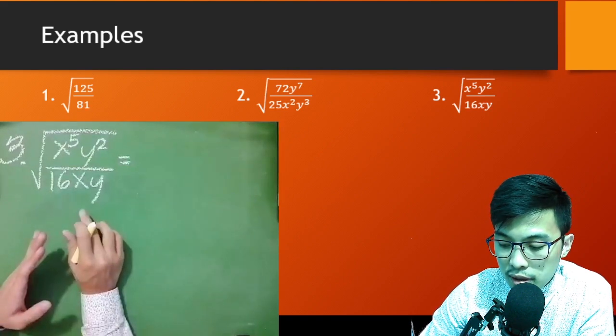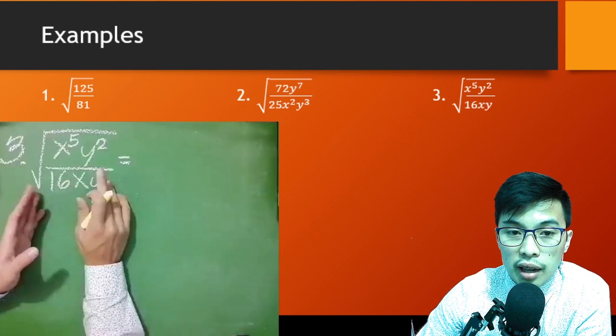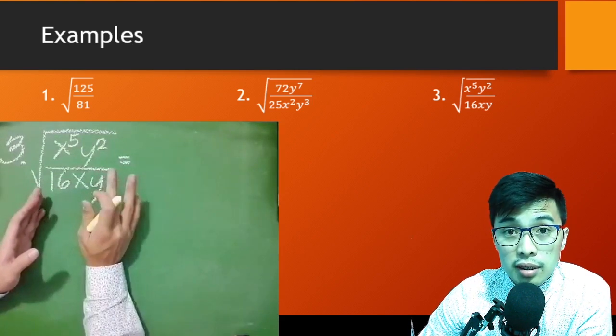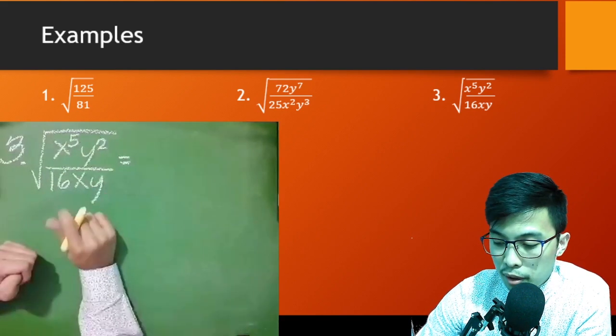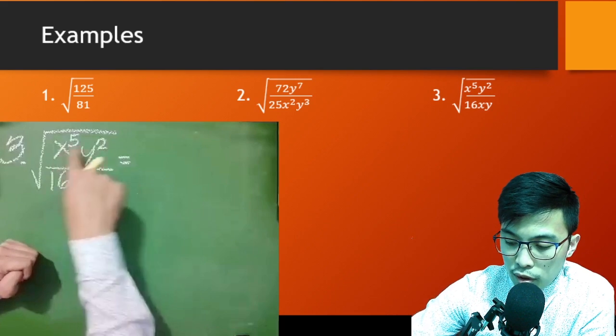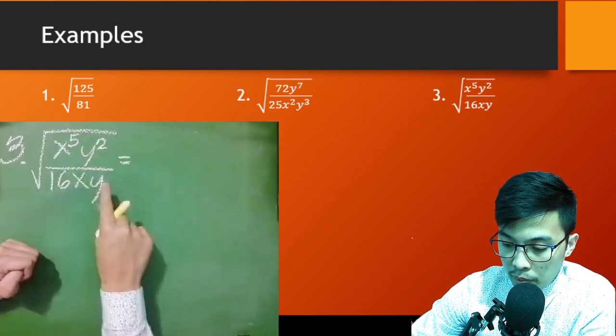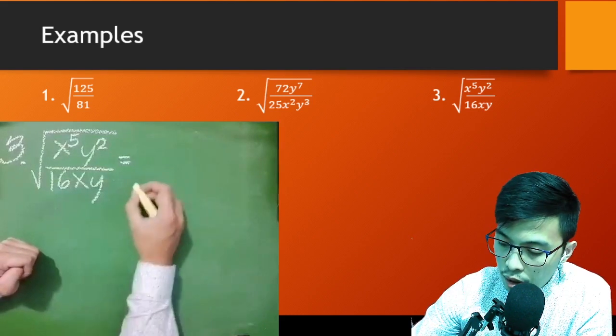So the question is, is the term inside the radical sign already in simplified form? The answer is not yet, because there's an x here, may x din dito, may y term din dito, and then may y variable din dito. Then we can still simplify. Okay?